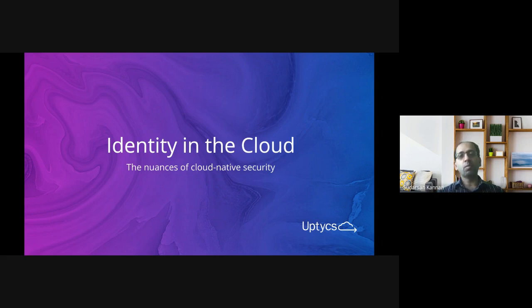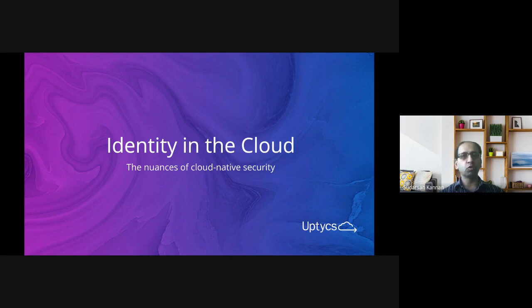When we talk about identity in the cloud, we are talking about the native capability that the hyperscalers like AWS, GCP, and Azure have built to provide authorization to all the resources they have built. Across all three hyperscalers, there are about 40,000 APIs that anybody can call to talk to the resources.